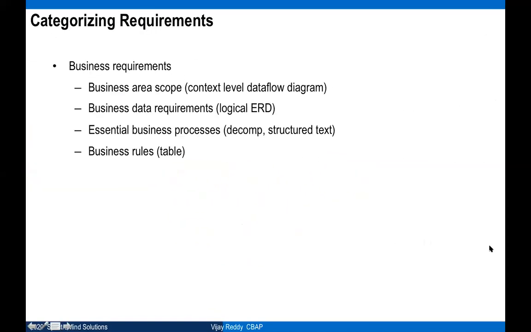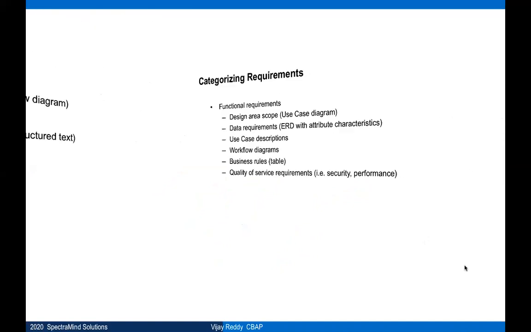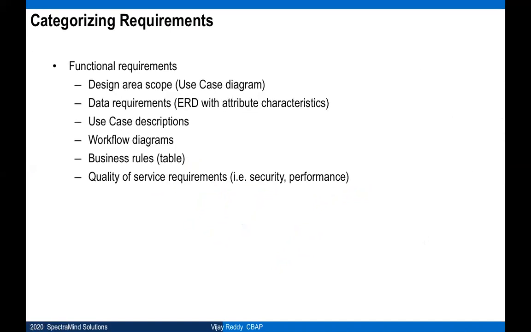For business requirements, sometimes high level context diagrams, data flow diagrams, or business rules, all these you will add as part of the business requirements. Then functional requirements, mainly how the requirement is implemented in the software, that we will analyze using use case diagrams, workflow diagrams, or some functional and non-functional requirements.